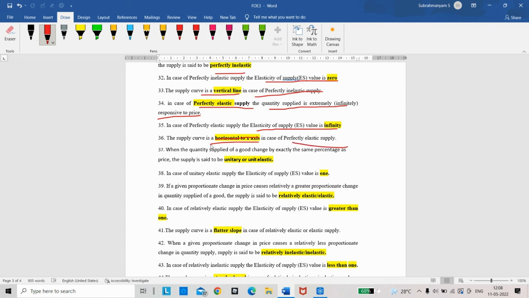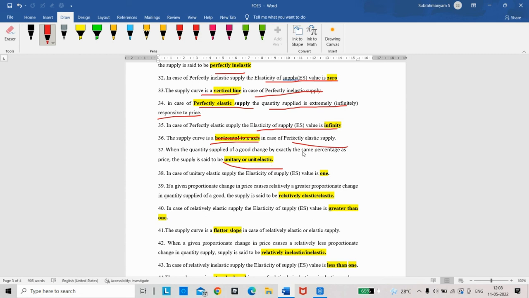When quantity supplied of a good changes by exactly the same percentage as price, the supply is said to be unitary or unit elastic. That means some percentage change in the price level leads to the exact same percentage change in the quantity supplied.